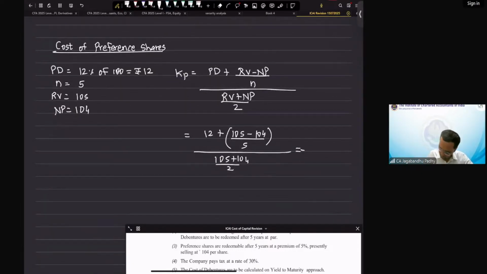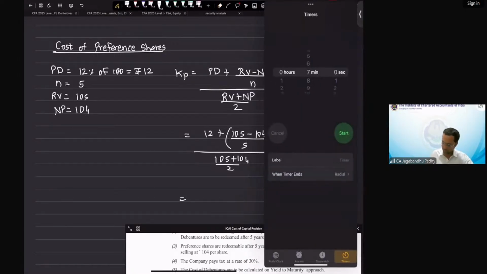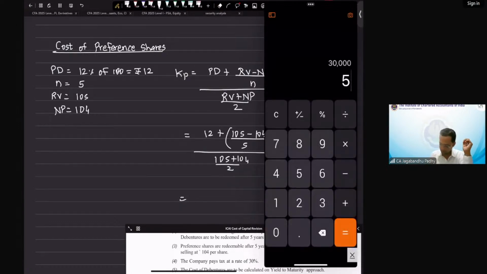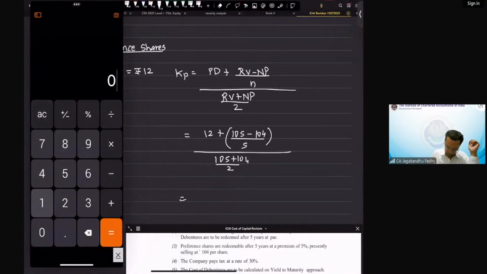So what's the cost of preference share that we have? That's 105 minus 104 divided by 5, which is 0.2. So plus 12, which is 12.2.